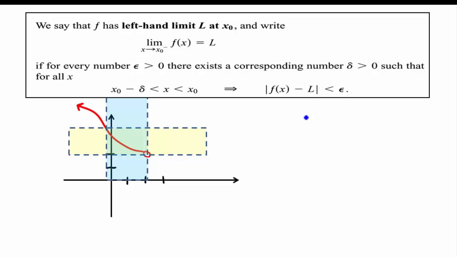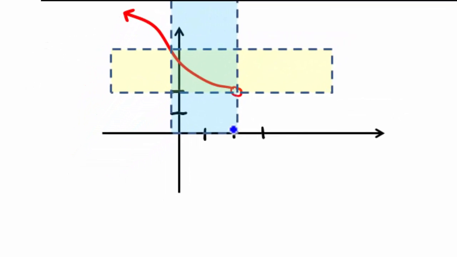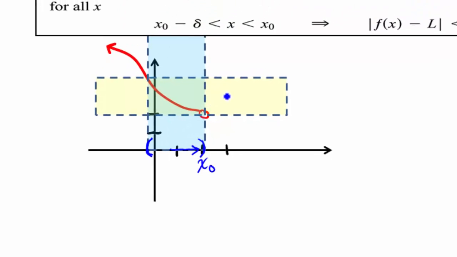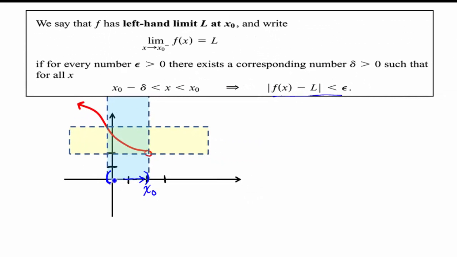Now, same thing with left-hand limit L at x sub 0. So here's our x sub 0, and you let your x's approach x sub 0 coming from the left. Then you've got a different open interval where we will find the x's that will satisfy this epsilon inequality.